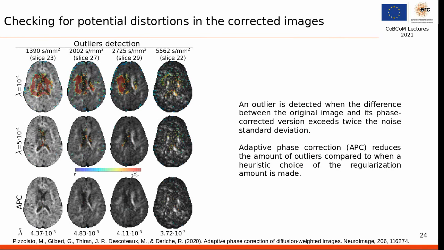So here, the different rows represent different ways of deciding and choosing the value of lambda. And the last one corresponds to this adaptive phase correction procedure that I've been discussing, with the use also of the spatially varying Shor criterion. The other two are just lambda values that have been selected by looking at the images in a heuristic way.